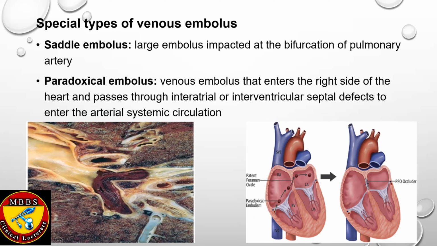If an embolus is present on the right side of the heart and the patient has a defect in the atrial septum, here you can see the patent foramen ovale, or the patient has an interventricular septal defect, this embolus from the right side could travel to the left side of the heart. So it is termed paradoxical embolus.